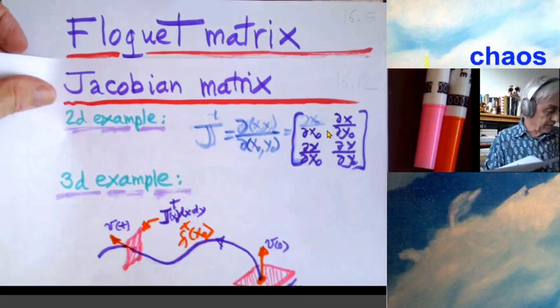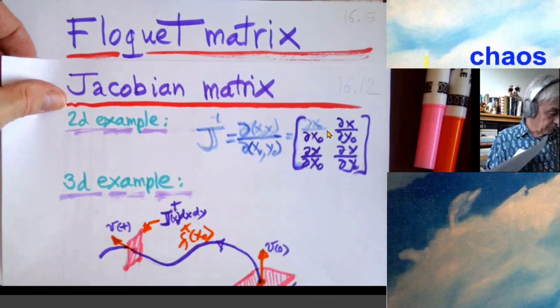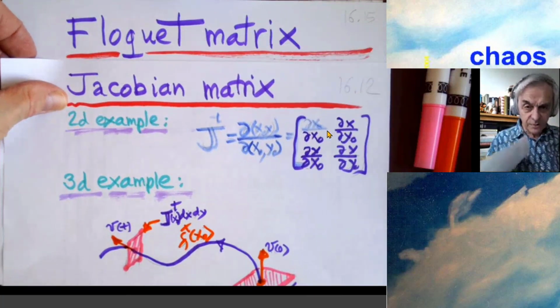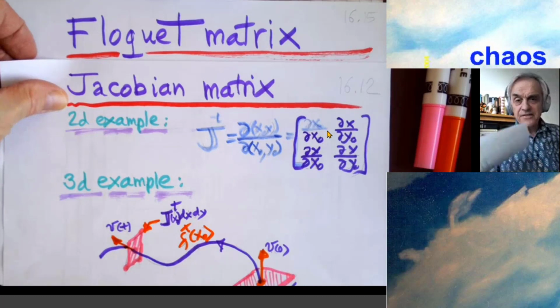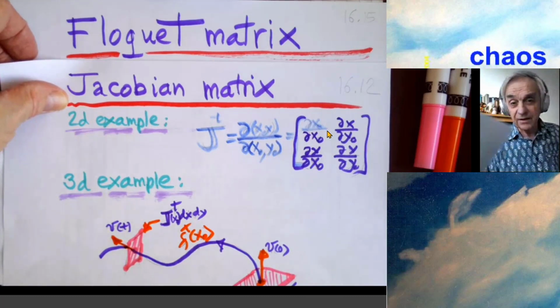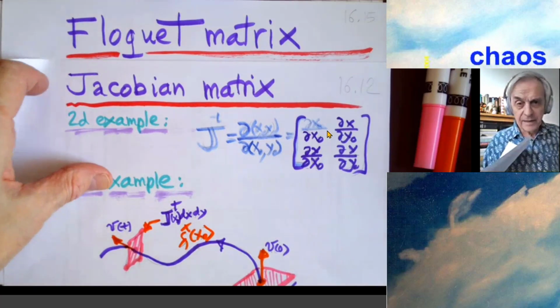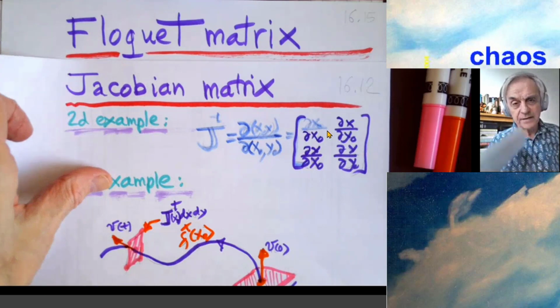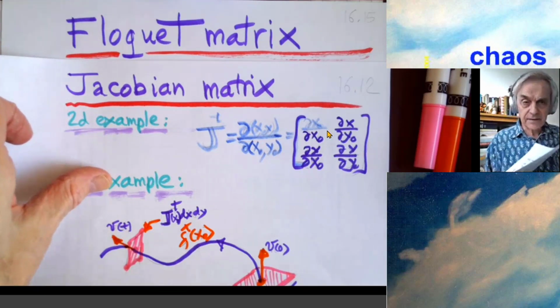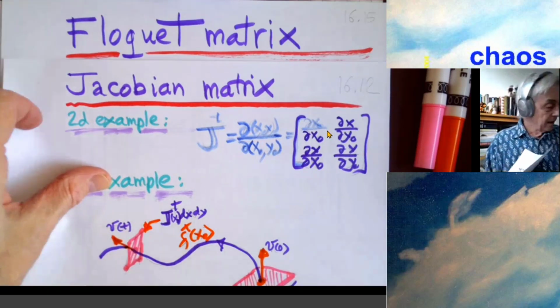I just want to emphasize the difference between Jacobian matrix and Floquet matrix. So Jacobian matrix is, I start any place, I go for any time, and I look at my neighborhood. That's described by Jacobian matrix. And it's very dependent when I started, which way everything was oriented, and how I'm measuring it.